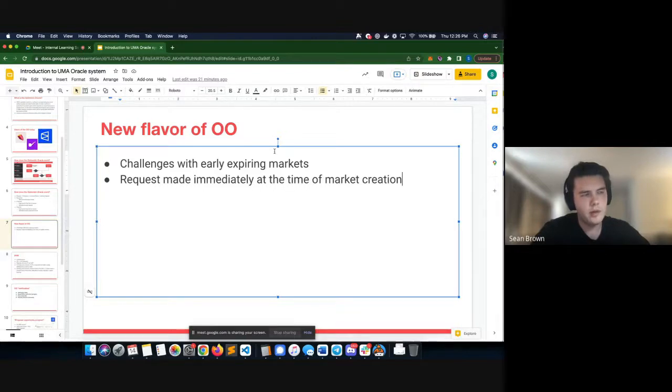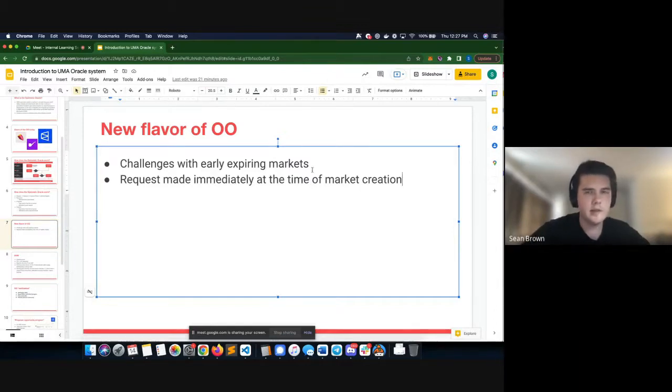Basically, with Polymarket, we realized that our oracle system today is not great with markets that do not have a predetermined expiration timestamp.